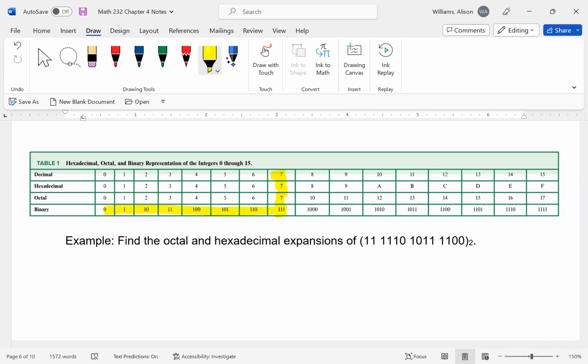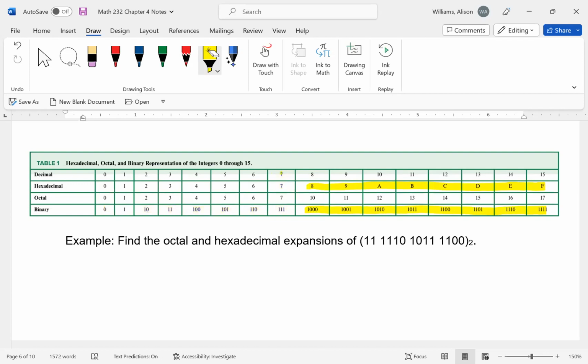The largest octal digit, 7, is 111 in binary, so it's no more than 3 digits. The minute it moves to 8, it goes into 4 digits. That means 4 digits is a good expression for hexadecimal.